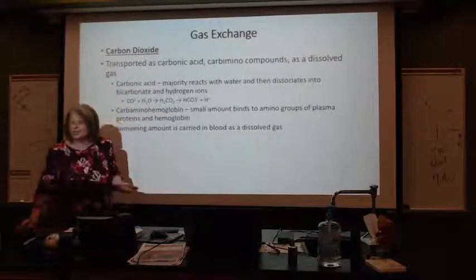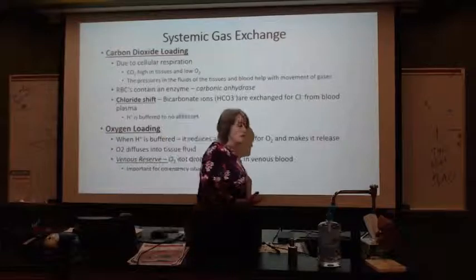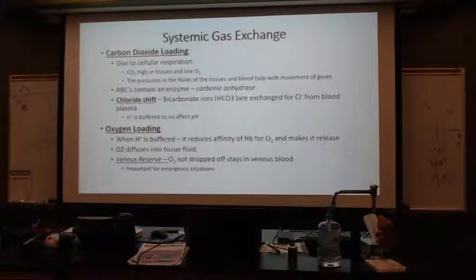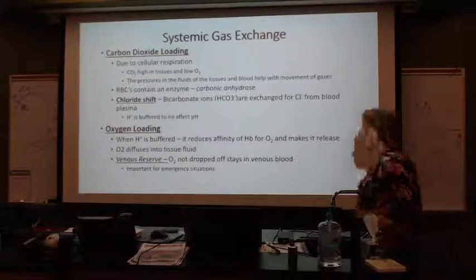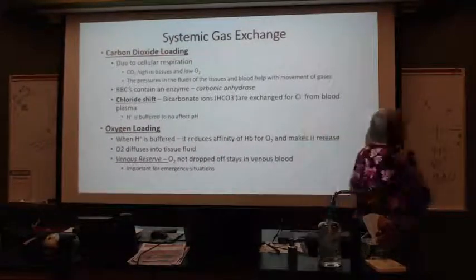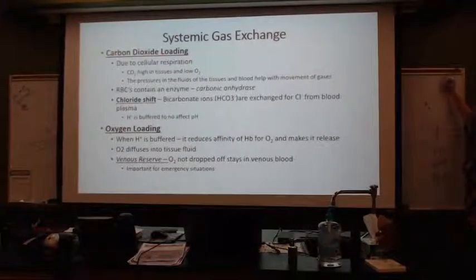And when it gets to the lungs, it encounters another water environment which supplies an OH negative and an H plus. How is it that water can supply an H plus and an OH negative?